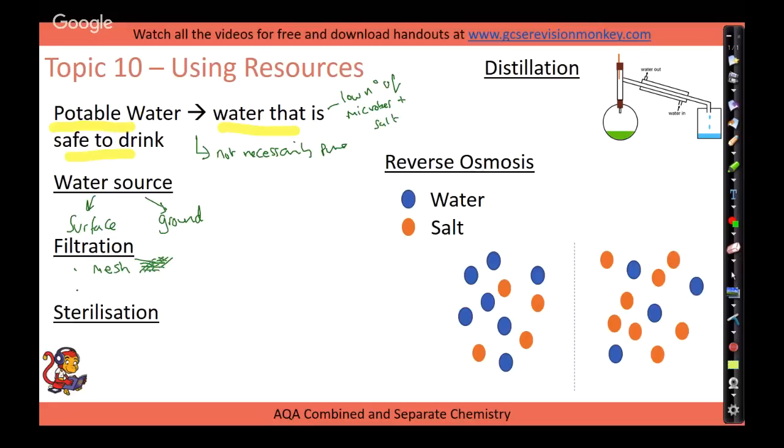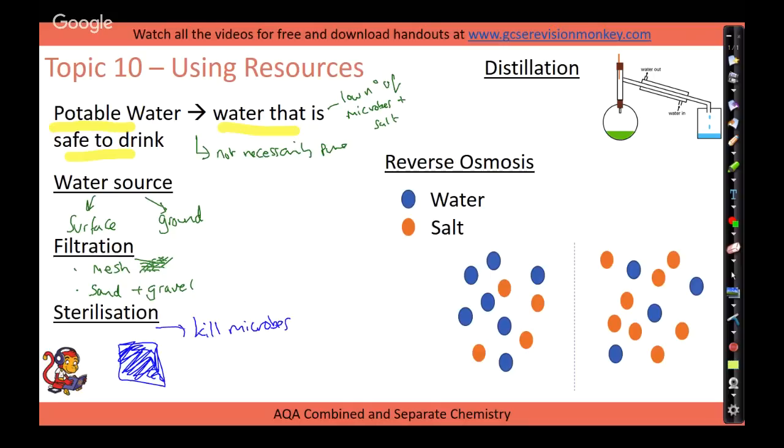And then it's going to go through a finer filter of sand and gravel. And that's great because we now end up with some water that looks okay. It's been filtered. It looks colourless. However, it's probably going to have some nasty microbes in there that could make you feel ill. So the last process is sterilisation to kill microbes.